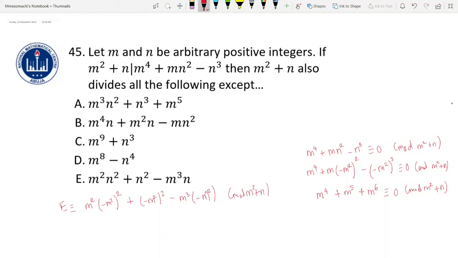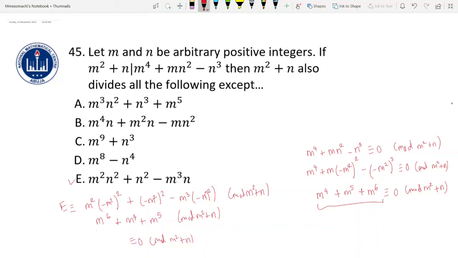So this is congruent to m to the sixth power, because this is squared the negative sign is neutralized, and then m to the fourth power, and again the negative sign neutralized, m to the fifth power, mod m squared plus n. And we see that this is congruent to 0 from this here, so E is divisible by that.